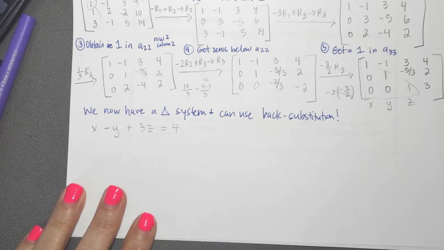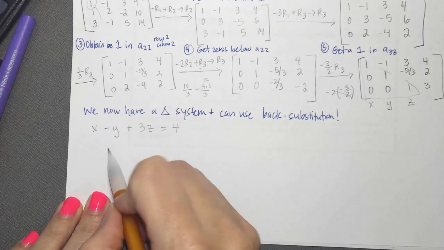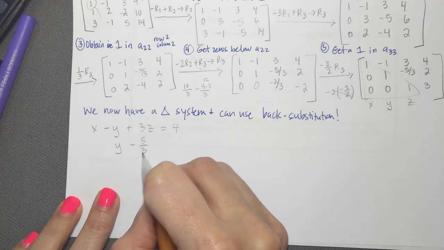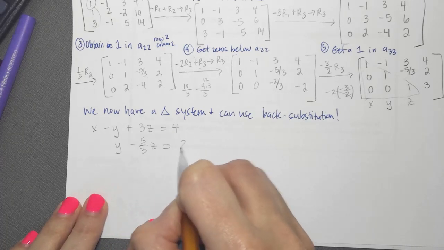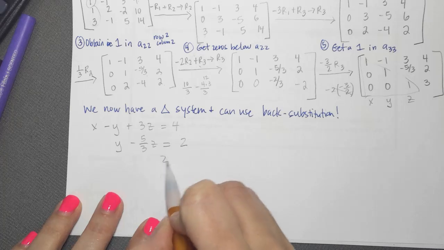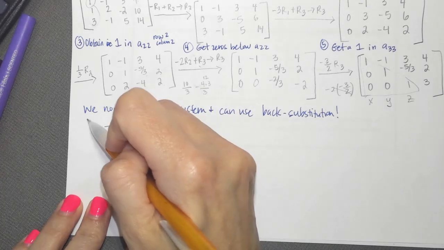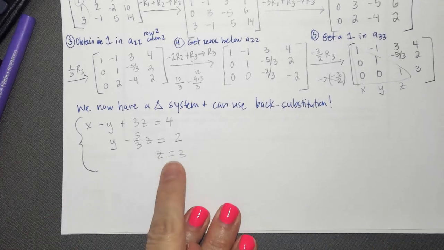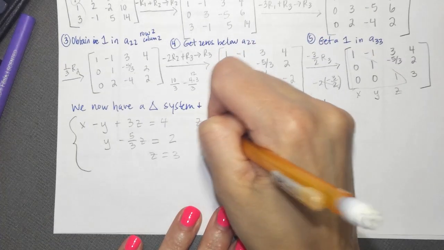That's our first equation. Our second equation is y minus 5/3 z equals 2. And then our last one is z equals 3. Okay, this is our system. So the first thing that you know is that z is 3.